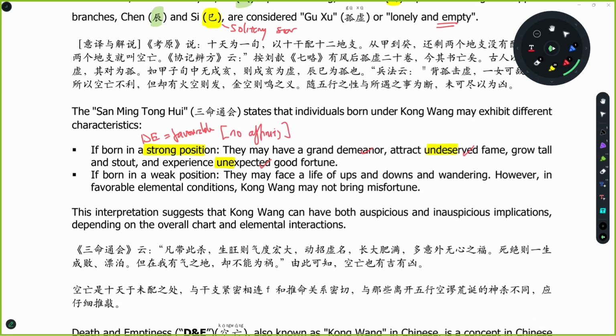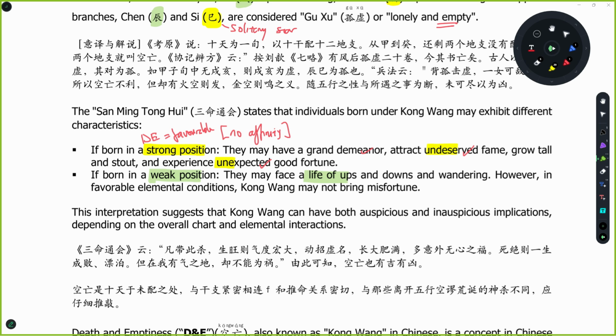Having no affinity to this and getting it, therefore there's a lot of unexpected, undeserved luck. In a way, it means that you do not work for it. So that is lucky. And of course, if it is in a weak position, then life is up and down, that might result in it being inauspicious.